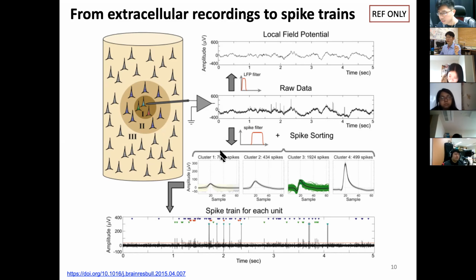You can have multiple clusters, and you can actually count them as the number of spikes. And then you can replot here with this raw data and high pass filtered data, and you can now output spike trains. You see a triangle of different color stands for different neurons, and you can actually have this spike train as an output.